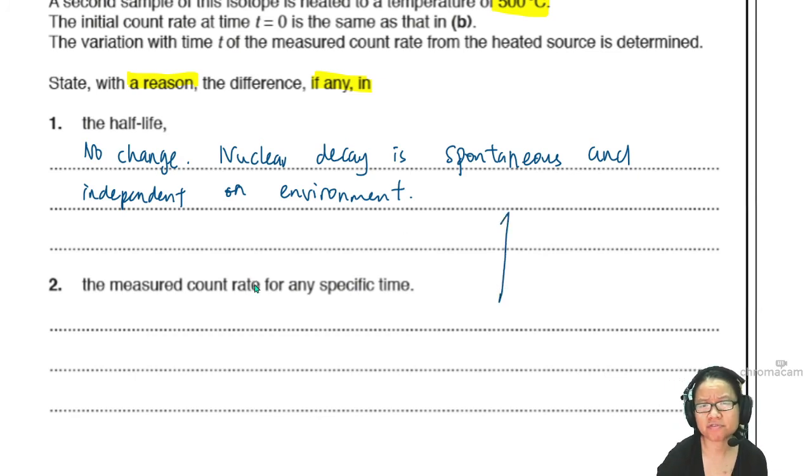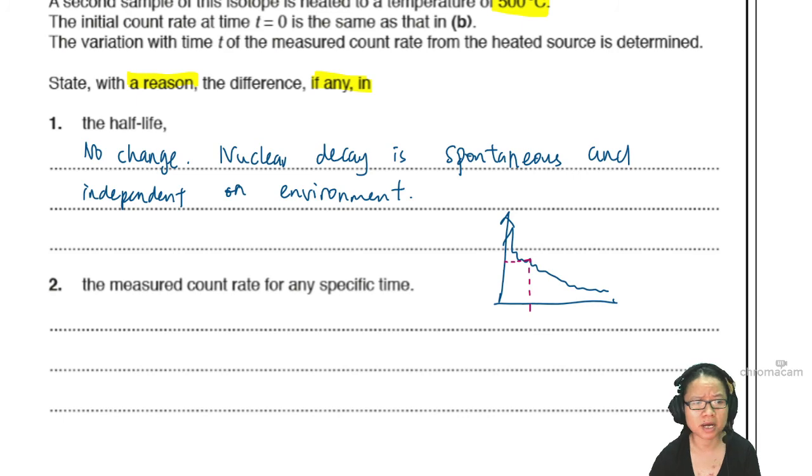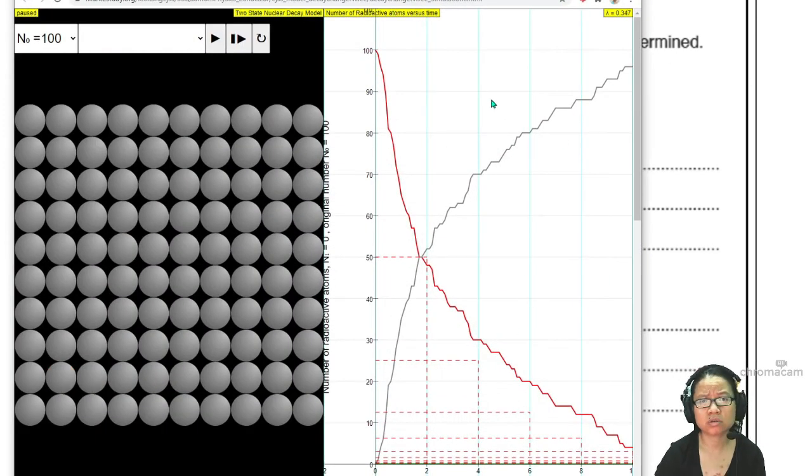Number 2, measured count rate at any specific time. So remember your graph? It looks like this, very zigzaggy. So let's say I take any particular time here, dot. I repeat the reading. Will I get back the same reading? Well, if you remember this sample that I showed you, let's say we take this point here. We see this steep point. Okay, let's say at 40.